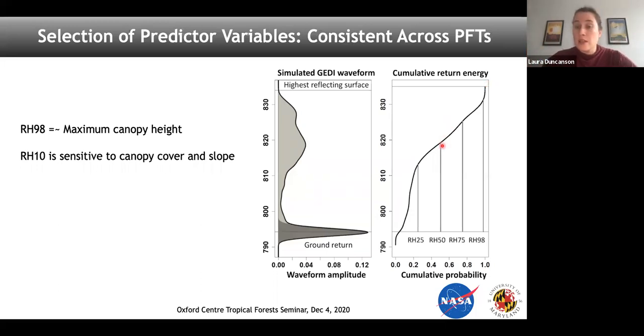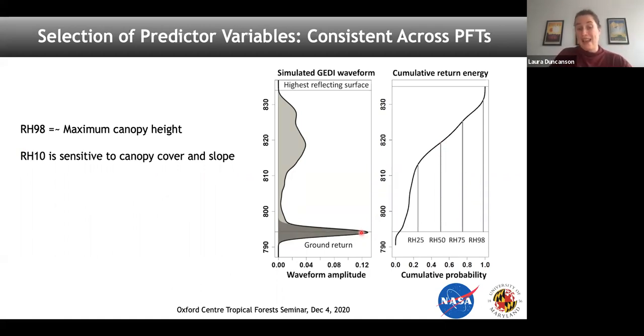And then RH50 would be the height below which 50% of the waveform energy has been returned. That includes the ground signal. So RH10, for example, is the height below which 10% of the waveform energy has been returned with respect to the ground elevation. You fit a ground elevation to each of these waveforms, and your relative height metrics are calculated with respect to that ground elevation.